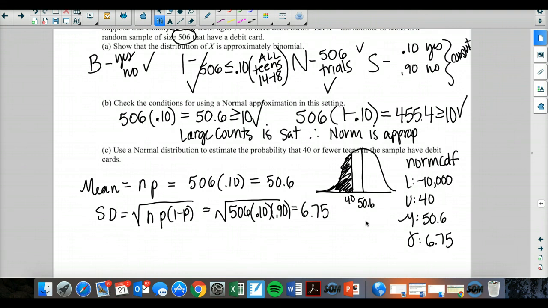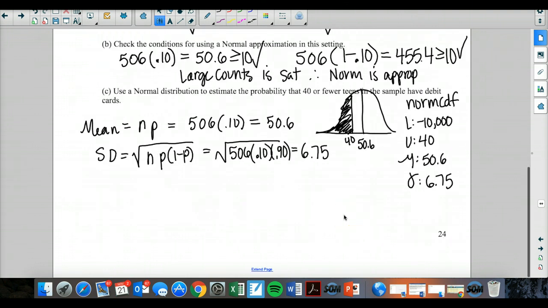So negative 10,000, 40, 50.6, and 6.75. And the answer is 0.0582. So 0.0582 is the probability that 40 or fewer teens in the sample have a debit card.